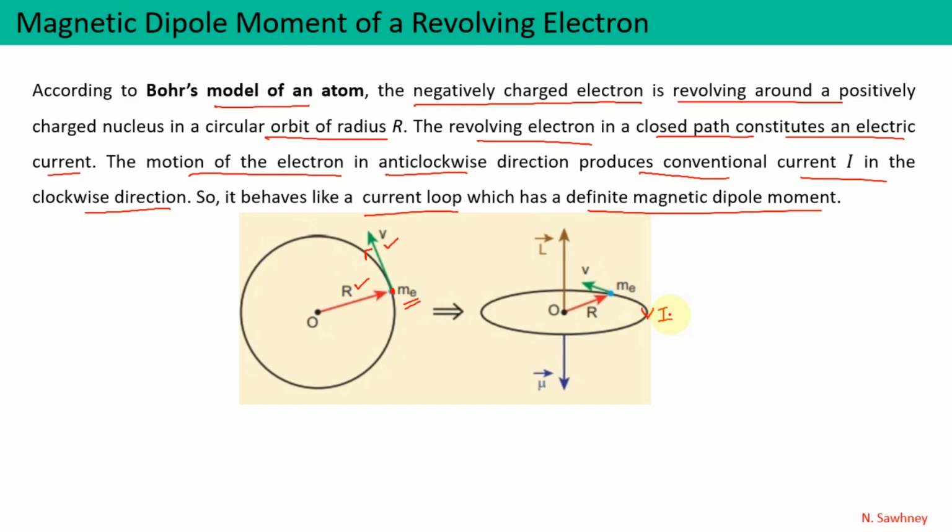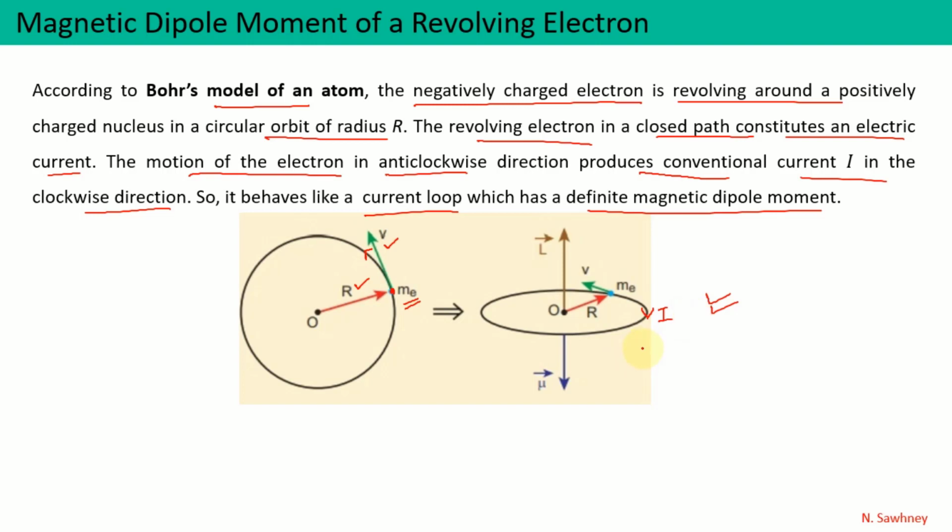The revolving electron is like a loop of current, and if current is flowing, definitely a magnetic field will also exist. Due to this magnetic field, a magnetic dipole moment will also exist. It tells us about the magnetic strength of the loop.